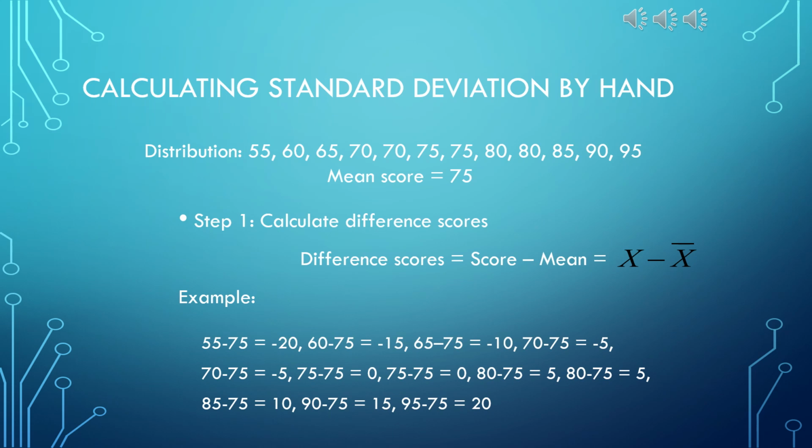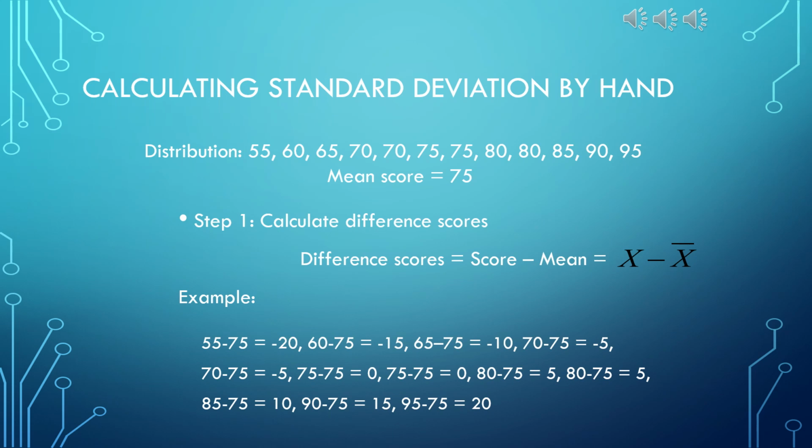And the difference score is simply each raw score minus the mean. And in the language of mathematics, that would just be x, which is the raw score, minus x bar, which is the mean. So what you do is you take every single participant's raw score, their exam score, and you're going to subtract it from the average exam score. You do that for all of the participants.